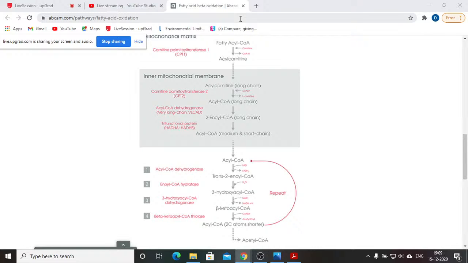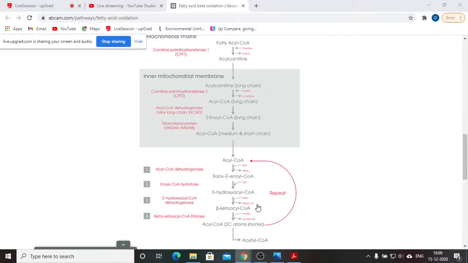So 2 ATP molecule equivalents are spent to form this particular acyl CoA, the charged fatty acid. And the rest of what you get in beta oxidation is, in one cycle, one FADH2 molecule and one NADH plus H plus molecule.